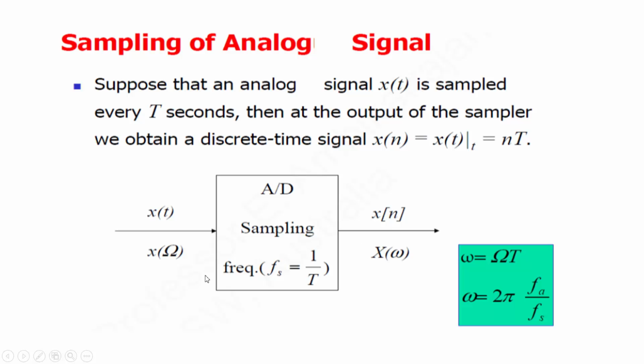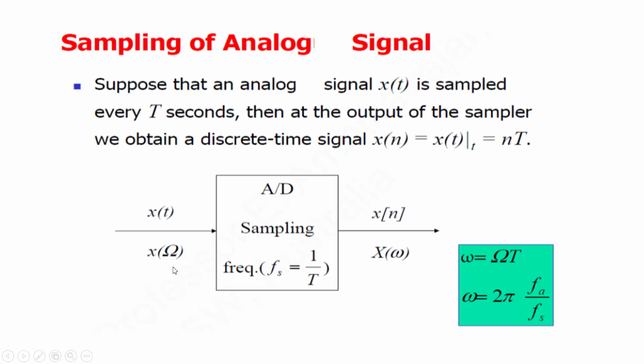Now, one very important point that I want to stress here is that this big omega is the analog frequency. Please remember throughout this course, this big omega is the analog frequency. This small omega is the digital frequency. I will explain the difference between the analog and the digital frequency.